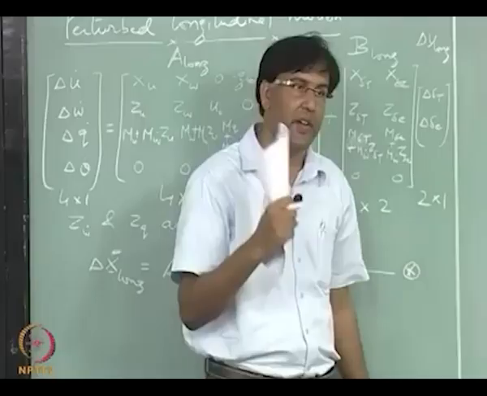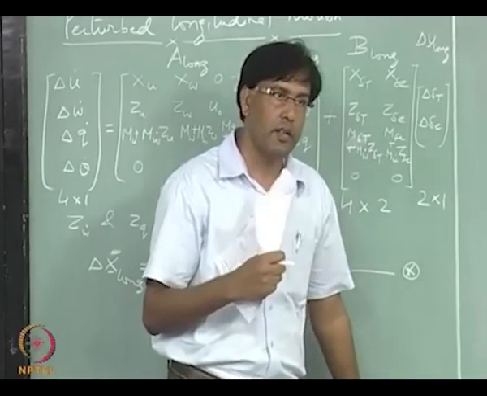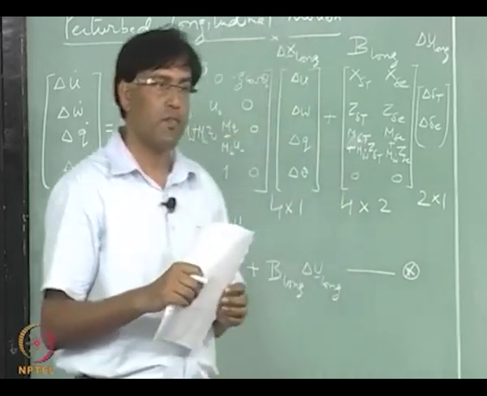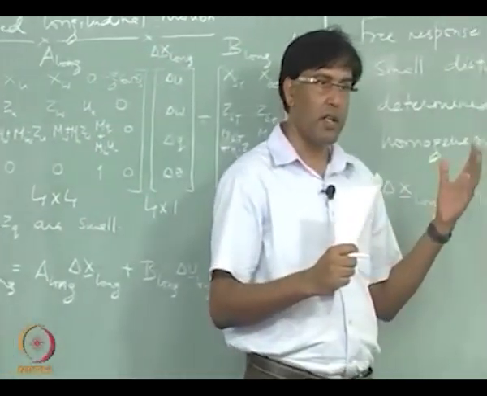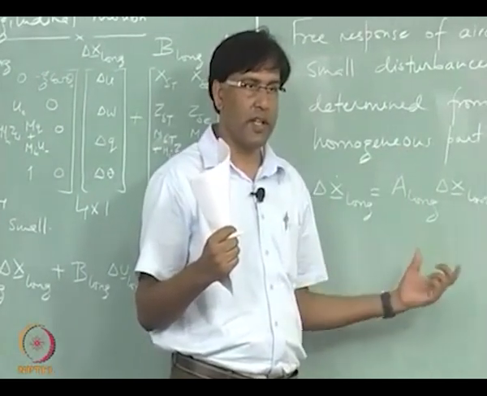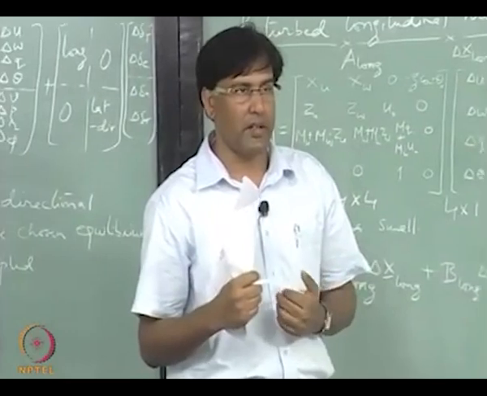The control surfaces are all trimmed at the equilibrium flying condition, right. I am not looking at the response of the aircraft to control inputs here. Here we just want to look at the free response, and that is what defines the stability.